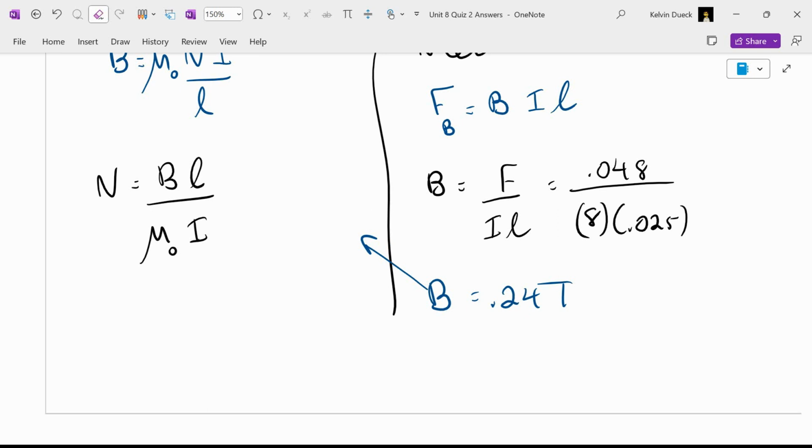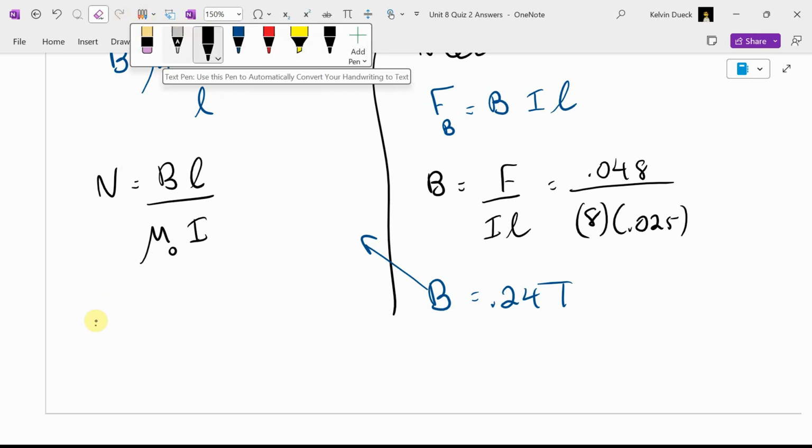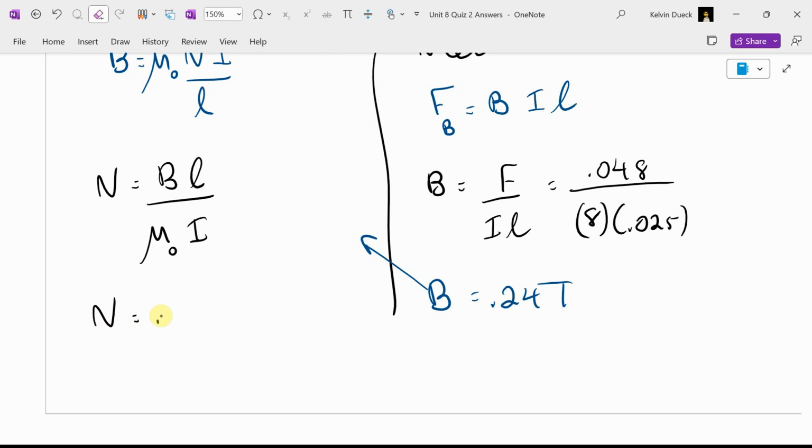Walk it over to here. I end up with N equaling 0.24. What was the length of the solenoid in meters? 0.16. Mu naught, 4 pi times 10 to the negative 7. What was I in the solenoid?